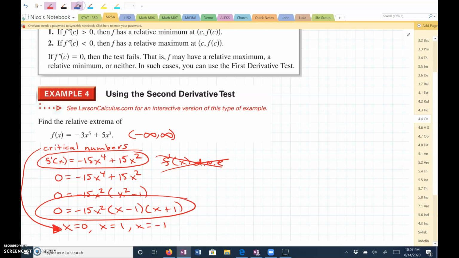Next, let's take the second derivative. So take the derivative of the first derivative, and this would be negative 60x to the third plus 30x. Okay?